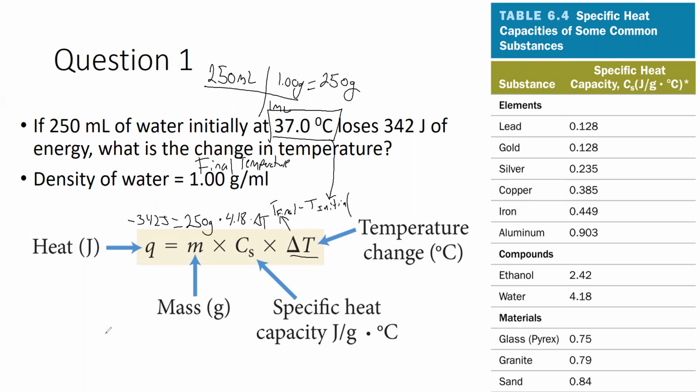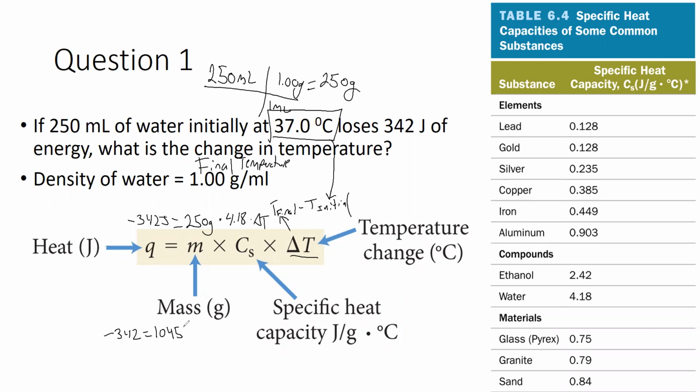Right, let's set this up. Minus 342 equals, so let's do 250 times 4.18. And that is 1,045.